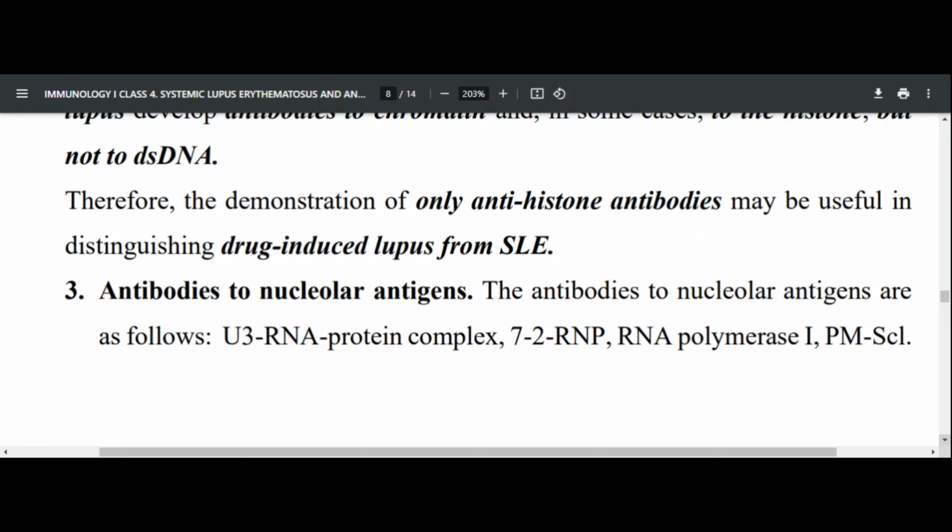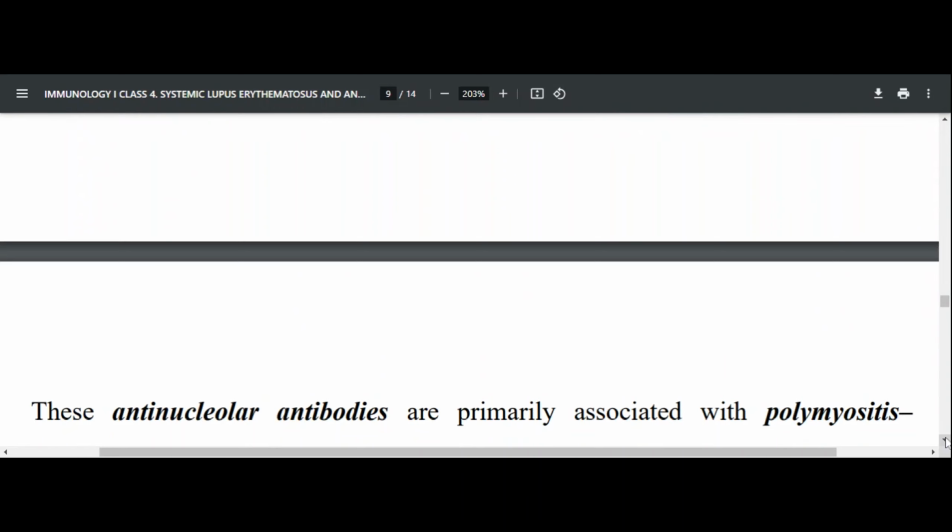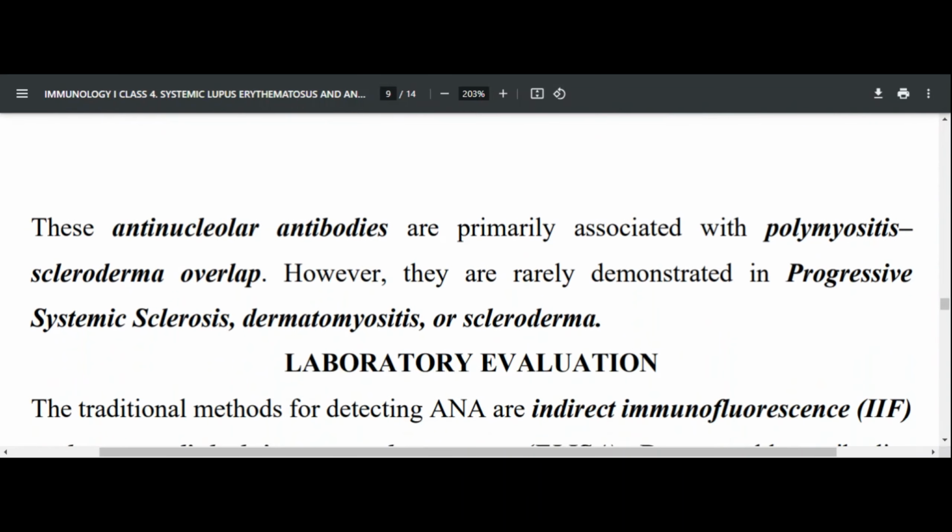So antibodies against nucleoproteins are also there. Those are antibodies against nucleolar antigens. The antibodies are against U3 RNA protein complex, 7-2 RNP, RNA polymerase, PM-Scl. Those are all antibodies that are seen against nucleolar proteins. Those antibodies are primarily associated with polymyositis-scleroderma overlap.